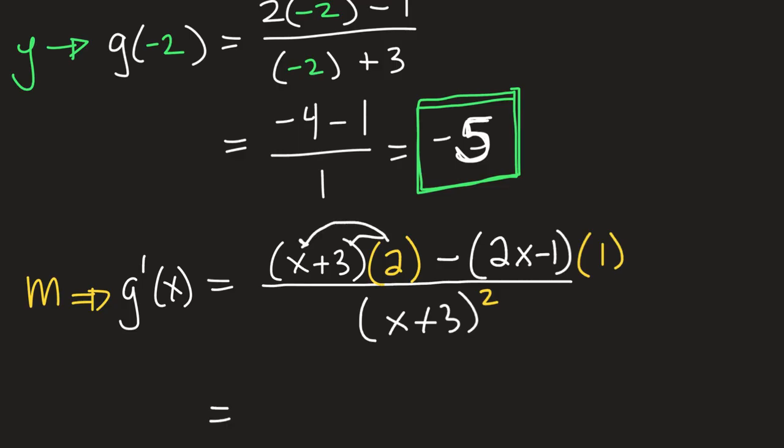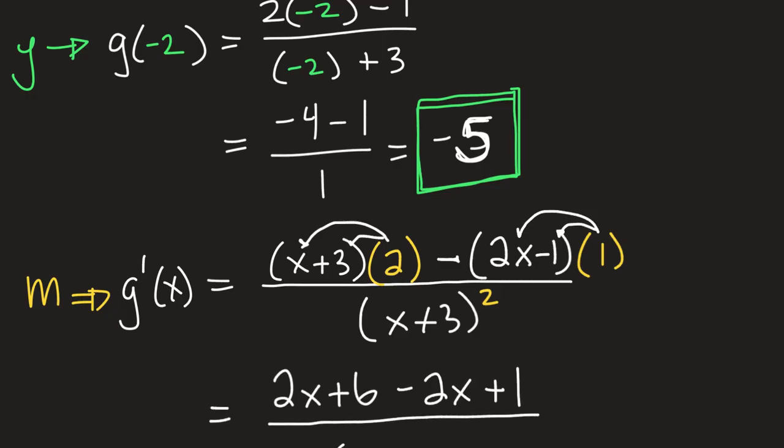I multiply both of those terms by 2: 2x plus 6. I multiply both of these terms by 1, but that doesn't change anything. Now I have to subtract them: minus 2x plus 1, all divided by x plus 3 squared.